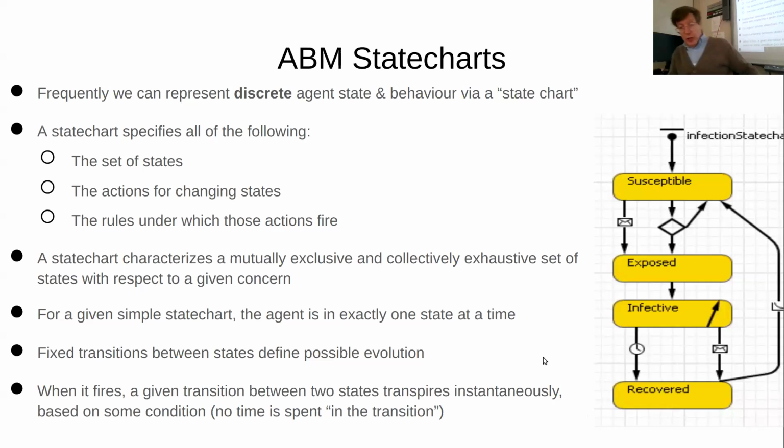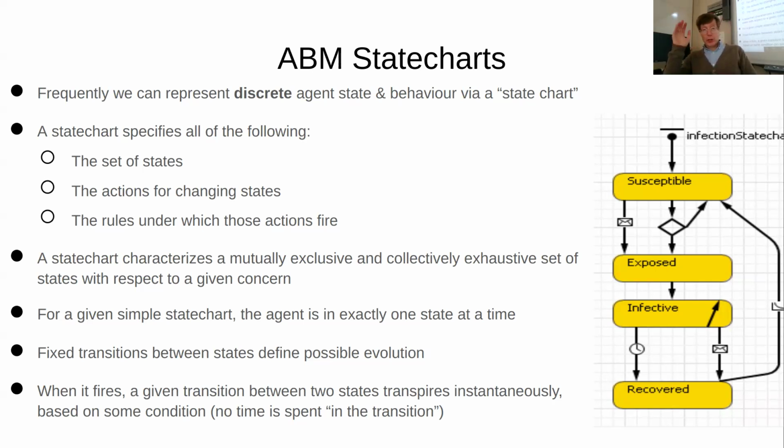AnyLogic is the one we're using in this class, but Repast also has some representation of state charts. And they form an important construct, regardless of whether they're explicitly represented, reified as an object within these platforms, treated as something you can talk about, point to, refer to, create, reference explicitly in a model, or whether it's merely implicit in the code.